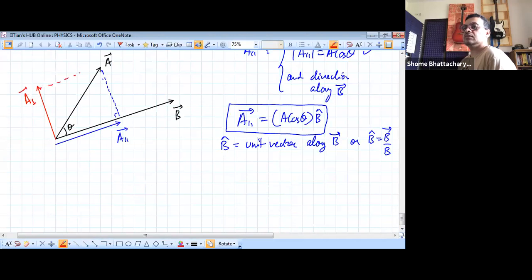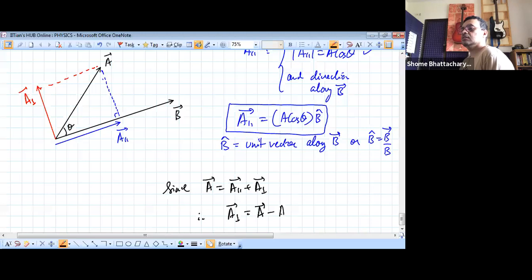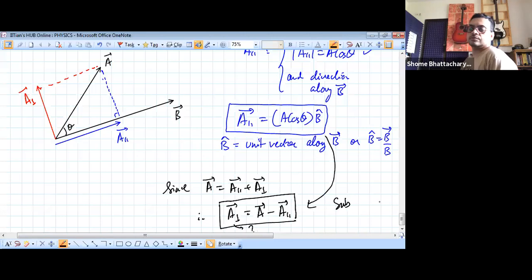It is the vector E. So since the vector E itself is the sum of the parallel component plus the perpendicular component, we can just find out the perpendicular component of E by subtracting the parallel component. So once you found this, substitute this here, and that will give you the value of the perpendicular component. Okay, understood the steps?